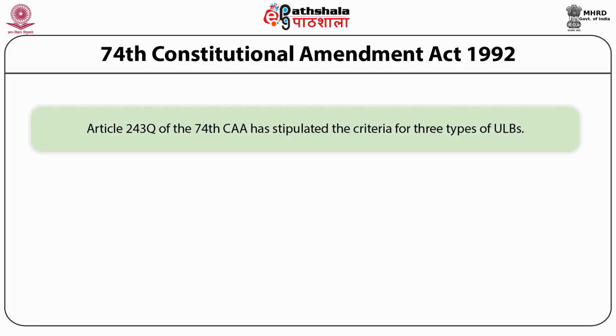Article 243Q of the 74th Constitutional Amendment Act has stipulated the criteria for three types of urban local bodies. They are municipal corporation for larger urban areas, such as Mumbai, municipal councils for smaller urban areas, such as Lucknow, and Nagar Panchayat for an area in transition from rural to urban.